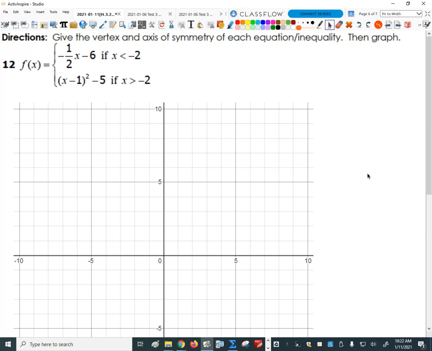Well, the first one, you could just graph it like a normal one, but you would only fill in the points that were less than -2. Okay, good. And then the second one, we're only filling in the points that are greater than -2.